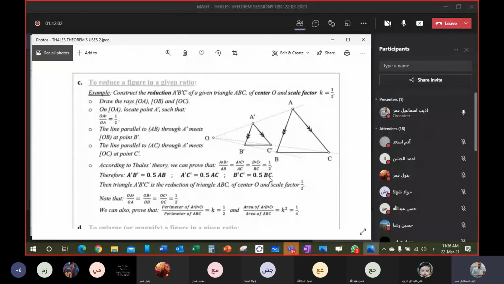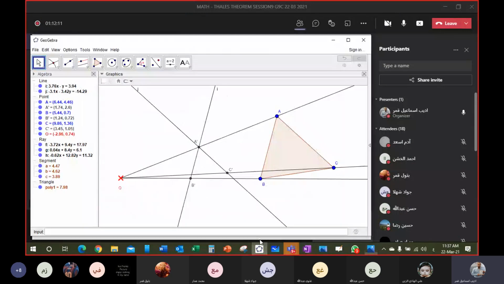Then the triangle A prime B prime C prime is the reduction of triangle ABC of center O and scale factor 1 over 2, and we complete it on the figure. On the figure, I join the segment B prime C prime.